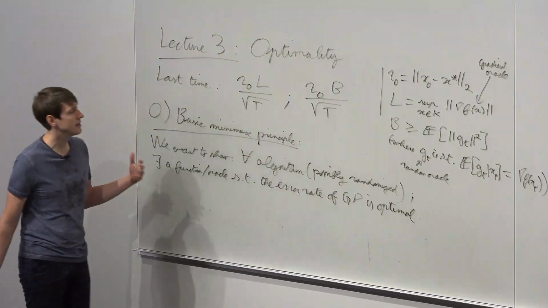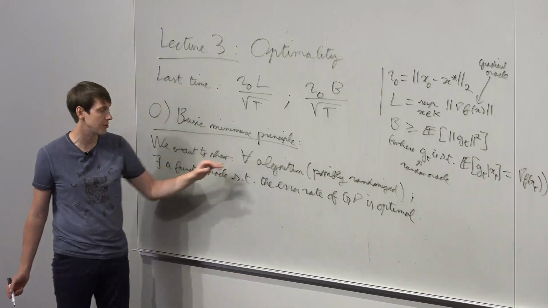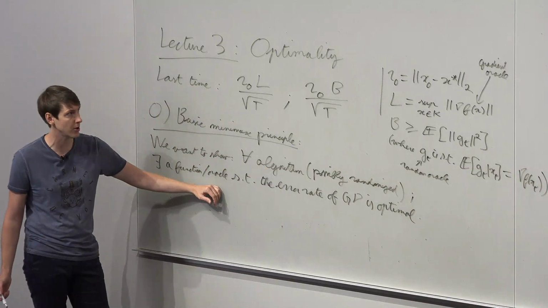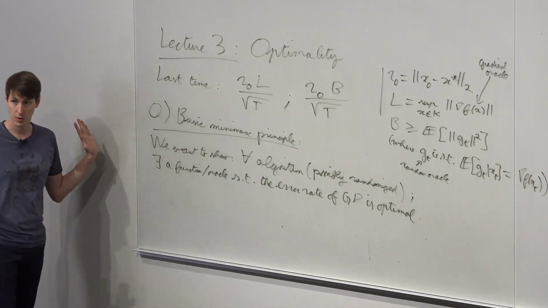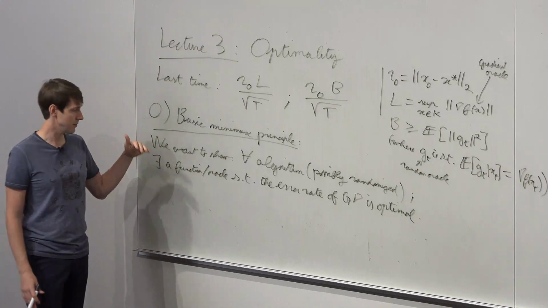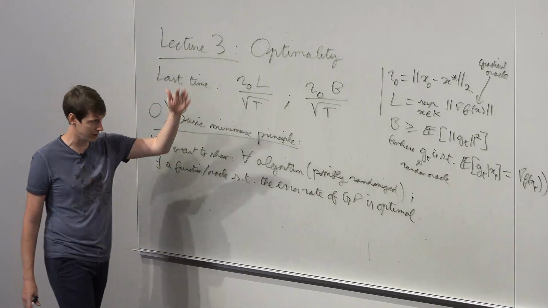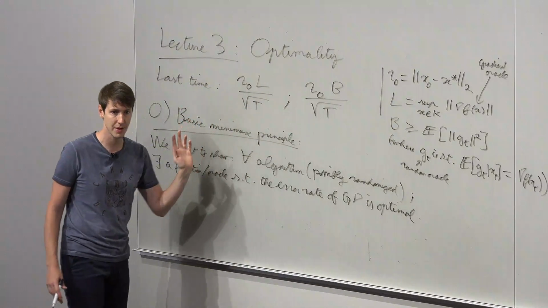What do I mean? I mean that after t queries of this algorithm on this function with that oracle, I cannot get an error smaller than this. This is the statement we're going to be after: for any algorithm, there exists a bad function and a bad oracle, which verify our assumption, such that after t queries, you cannot do better than those things.